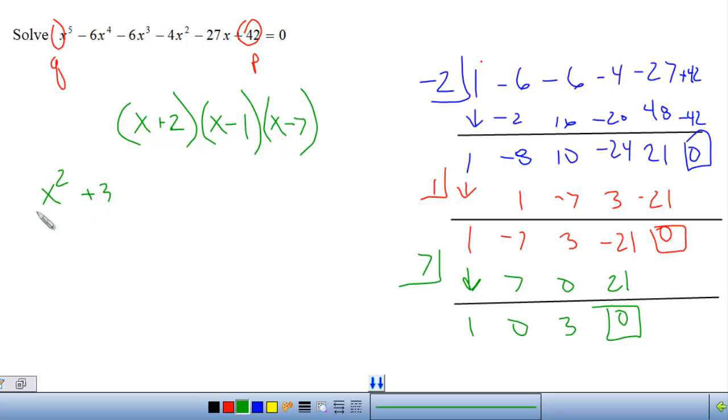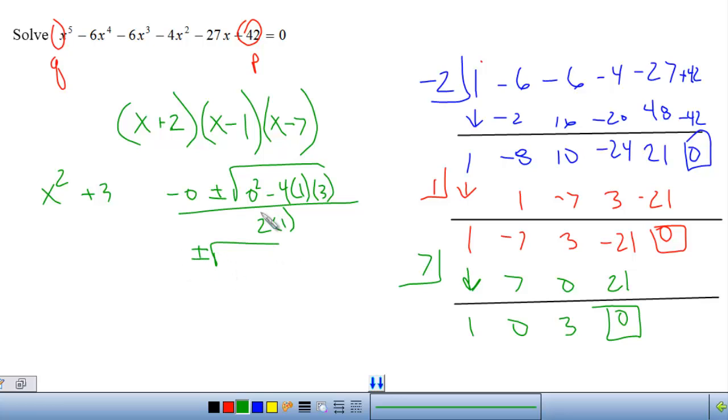Now when I look at this, it doesn't appear to be factorable. This is not a perfect square. So I'm going to use the quadratic formula. Negative b is a 0 in this case, plus or minus the square root of b squared minus 4 times a times c, all over 2a. Then we just begin some simplifying. So I get plus or minus, this would be negative 4 times 1 times 3.